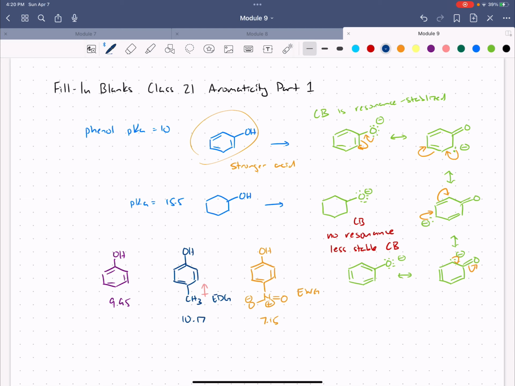Nothing else on page 4, no blanks there. Page 5, nothing. We talk about frost circles a bit later, actually in the next lecture, lecture 22. The difference between the 6-membered ring benzene and the 8-membered ring stop sign, cyclooctatetraene.